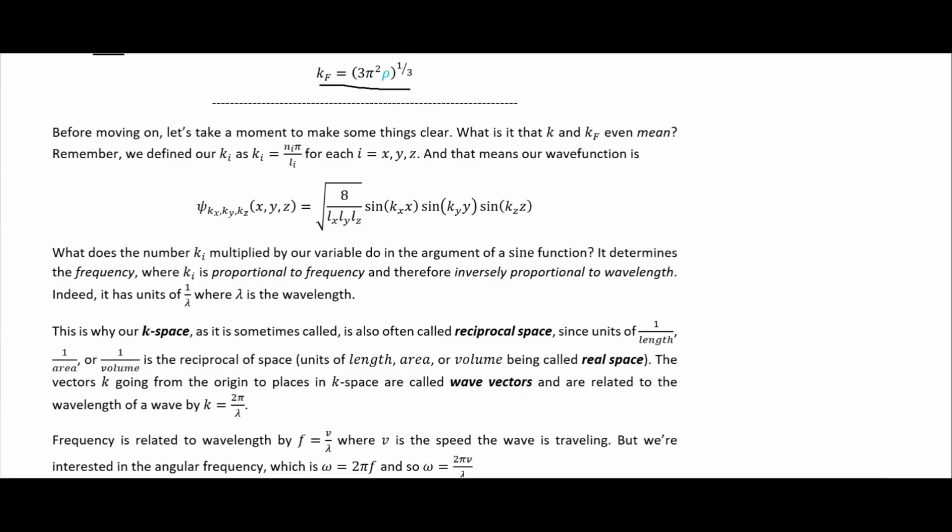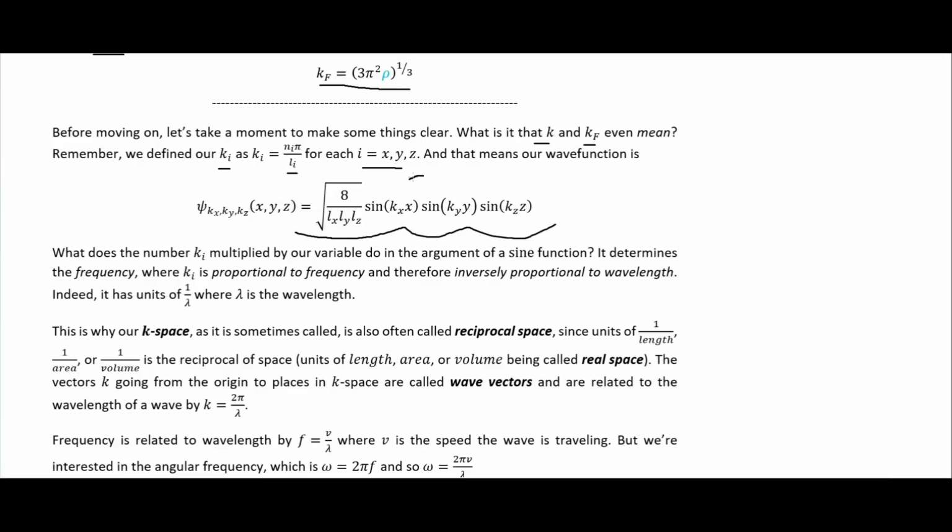And so this is something I've worked with in my research using cryo-electron microscopy, which uses 2D spatial Fourier transforms and things like that. So I wanted to take a little time to explain what the k and the kF even mean. So remember, we defined our k as n pi over L for each i equals this, and this was our wave function right here.